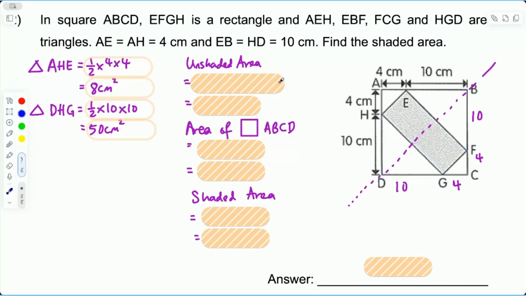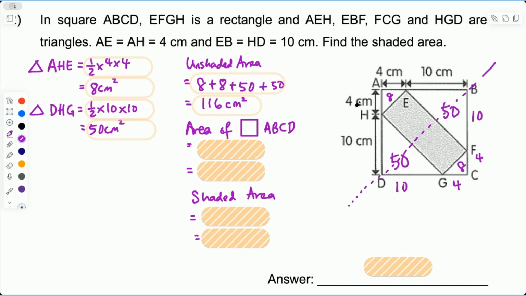Hence, here is 8, here is 50, here is 50, and here will be 8. The total unshaded area will be 8 plus 8 plus 50 plus 50. That gives us 116 cm squared.